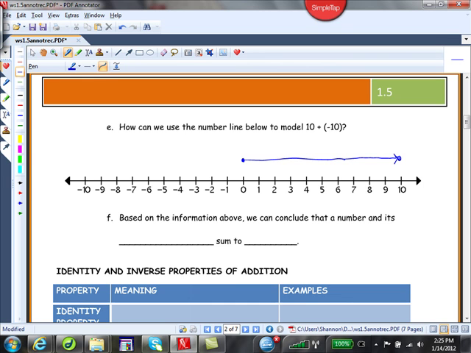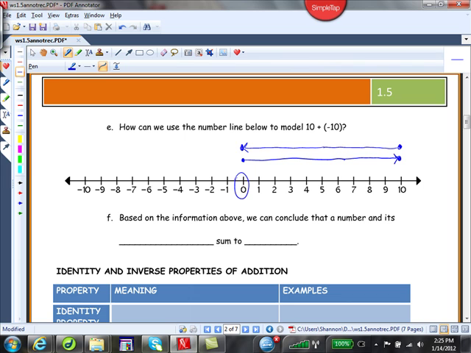And then when you're adding a negative 10, you start up here where you ended off, and then you go to the left, because adding a negative 10 means you're adding the opposite of 10, and you end up over here. So the number that we ended up on was, of course, 0.